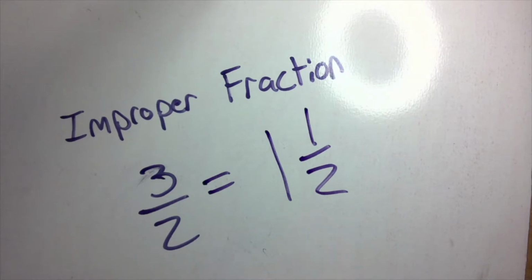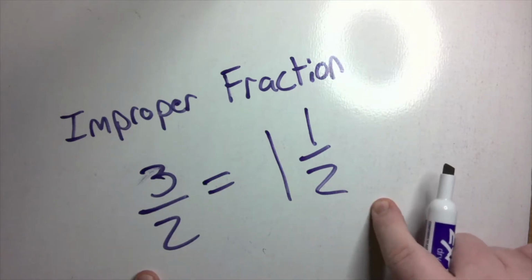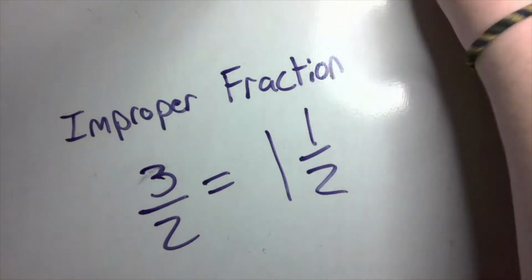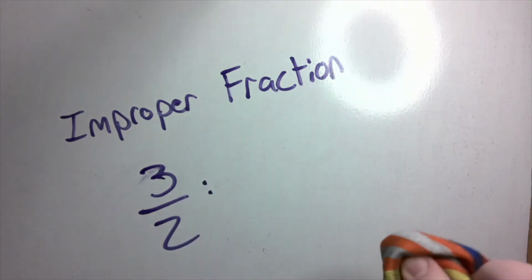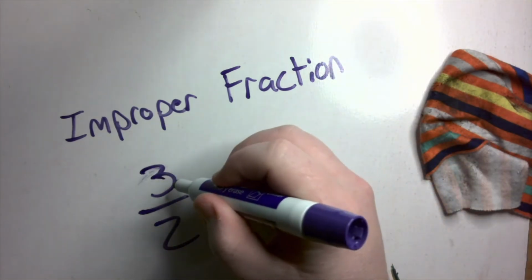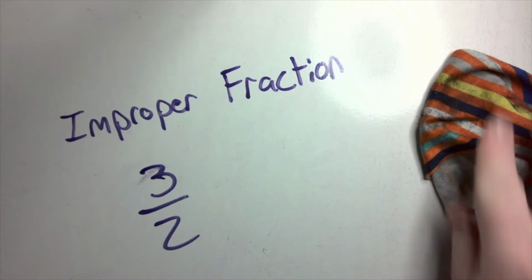How I did that, we're going to go over here in just a minute. So don't be confused. Just know that these are the same, and that an improper fraction is a fraction that has a larger numerator than it does a denominator.